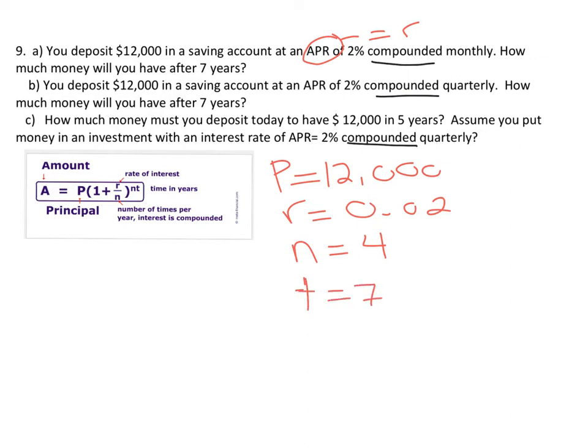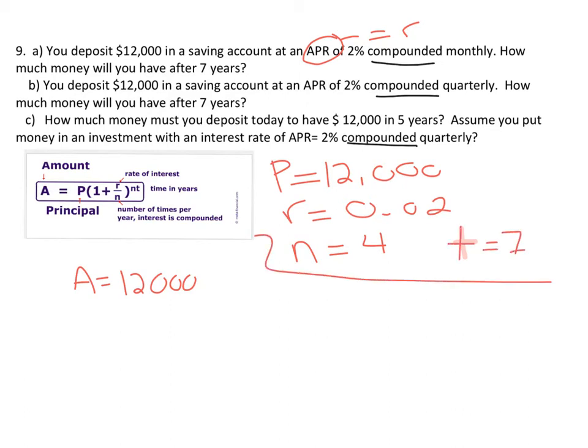So putting everything in, A is going to be 12,000 times, you know what, I need more space. Let me just erase this and put my T equals 7 up here. Okay, so here's my 12,000, times 1 plus R, which is 0.02, over N, so I'm dividing by 4, to the NT, so 4 times 7.